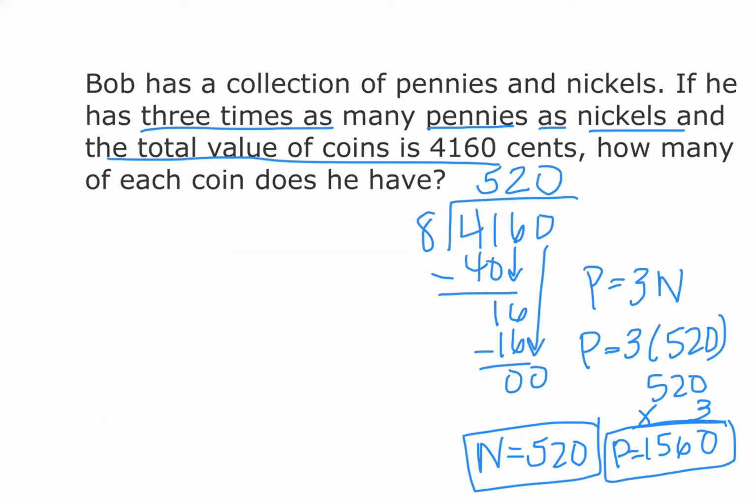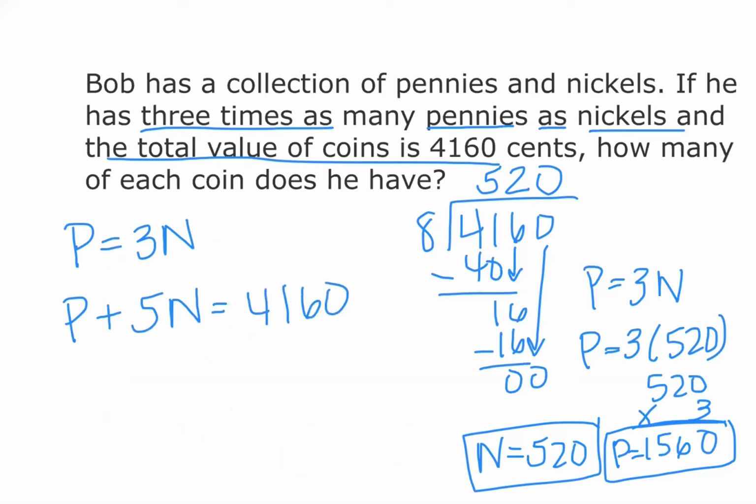So it was P equals 3n and P plus 5n equals 4,160. I have all of that, but for some odd reason after my P equals 3n, I added a plus 1 and I don't know why. Everything else was accurate.